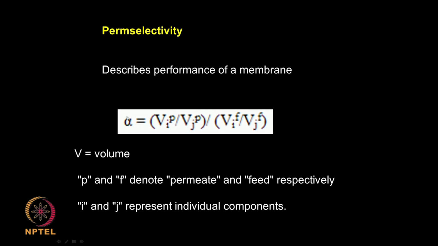So, this tells you what is the perm selectivity, that means what is the selectivity for species I with respect to species J, that is what this particular equation tells you actually, correct. And P determines permeate, F is your feed. So, for a given feed Vi, the permeate is Vi P, for a given feed Vj, the permeate is Vj P. So, that ratio is what is called alpha, the perm selectivity.